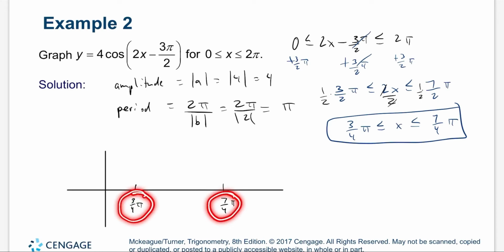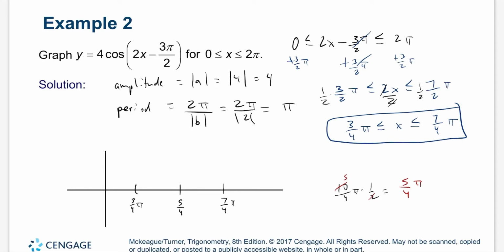So if you add these two numbers, you're going to get 10 fourths. 10 fourths pi times a half, that's the same thing as divided by 2, is going to be 5 fourths pi. So that's our first midpoint. Then, if you notice, the midpoint between 3 fourths and 5 fourths is 4 fourths, because the midpoint between 3 and 5 is 4. So this is just going to be pi. And then the midpoint between 5 fourths and 7 fourths is 6 fourths. 6 fourths is 3 over 2.